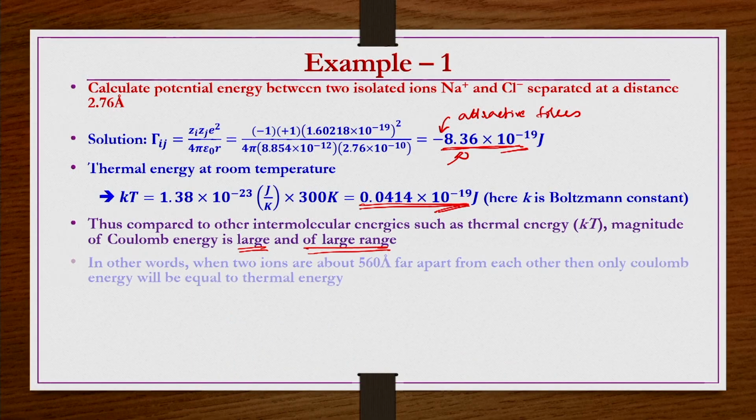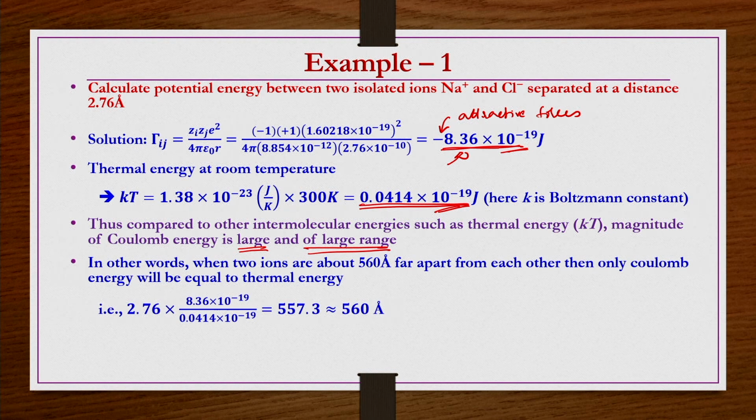How long the range is, relative to thermal energy, we can calculate. If you divide the Coulomb energy by the thermal energy and multiply by 2.76, whatever the distance is, you get approximately 560 angstroms. That means when these Na+ and Cl- ions are only 2.76 angstroms apart, a very small distance, there is an attractive energy of 8.36 × 10^-19 joules.